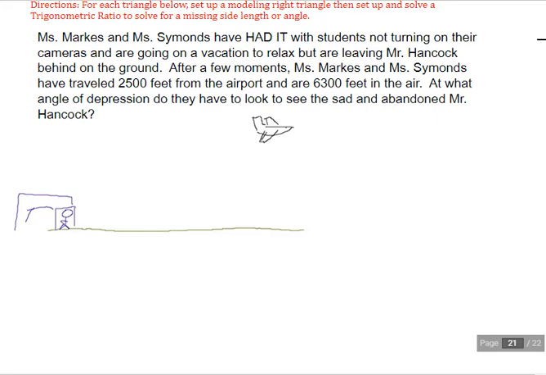All right. So let's see. They are 6,300 feet in the air. So I know from the plane to the ground is 6,300 feet. Okay, and they're also 2,500 feet from the airport. And so 2,500 feet would be like this distance.